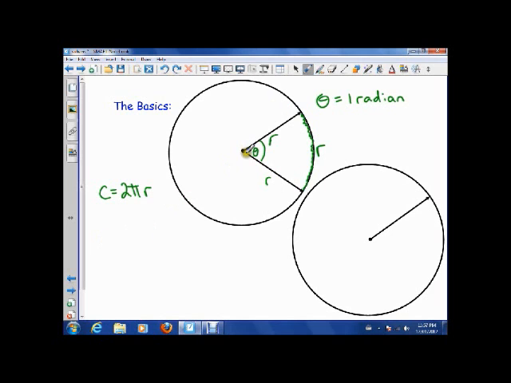That means that if I want to turn all the way around, the distance all the way around is 2 pi r, so the angle is 2 pi radians.